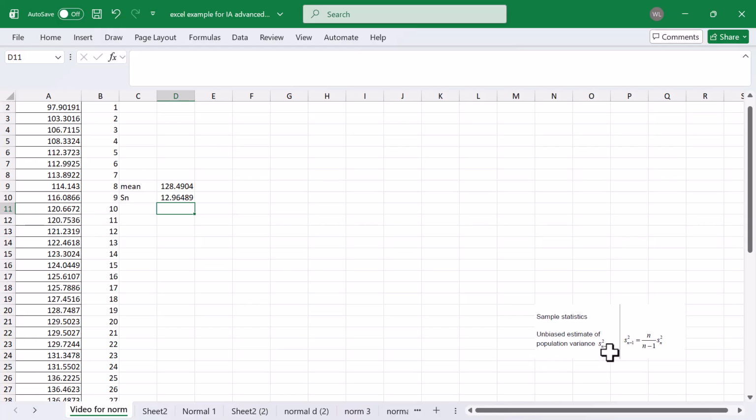Let's work out the unbiased estimate of population variance.